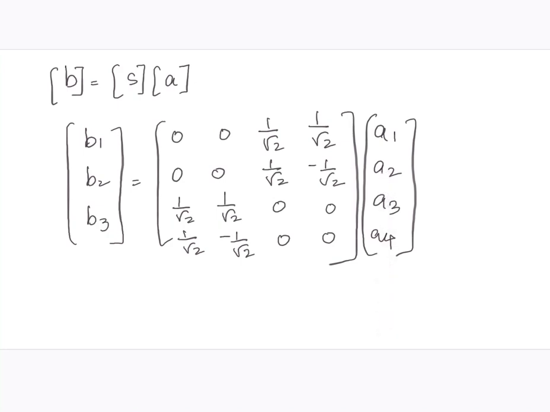So now writing this as an equation, this can be written as B1 is equal to 0 into A1, 0 into A2, plus 1 by root 2 A3 plus 1 by root 2 A4. So the general equations can be written as B1 is equal to 1 by root 2 into A3 plus A4.